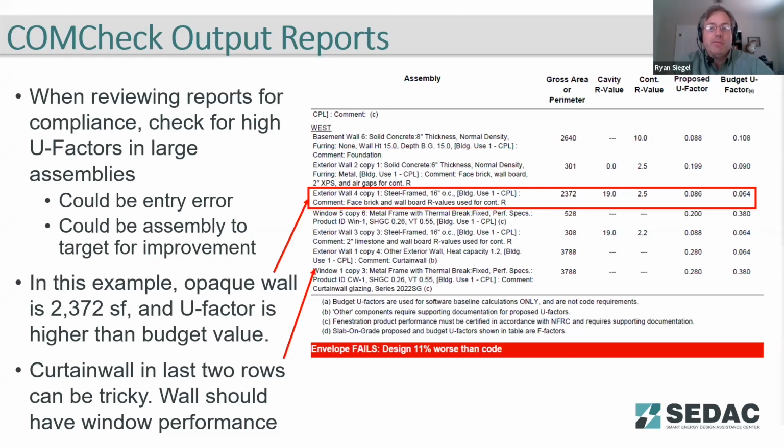I may have reversed cavity and continuous R value, I've seen that before. So there's a lot of different things here, and so identifying if I have a large area that's going to be worse than the value specified in the code tables, being aware of what that impact is going to be, and so I may need to have a substantial trade-off.